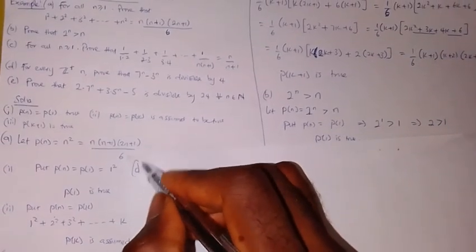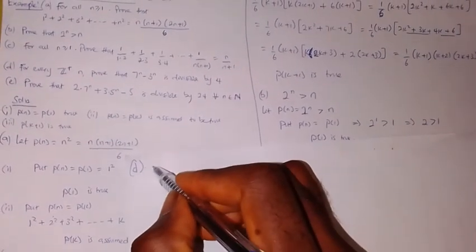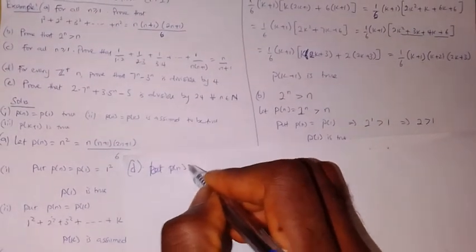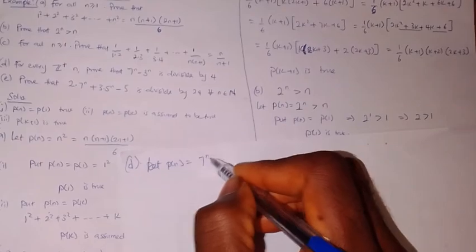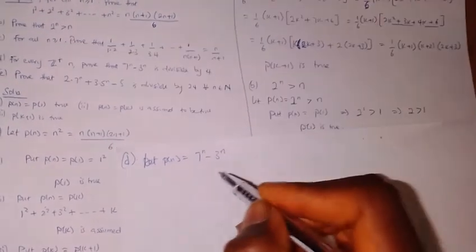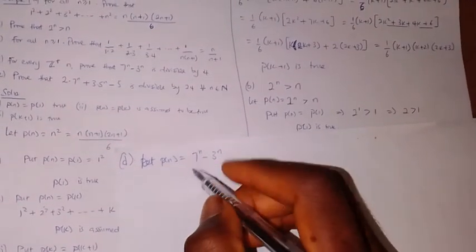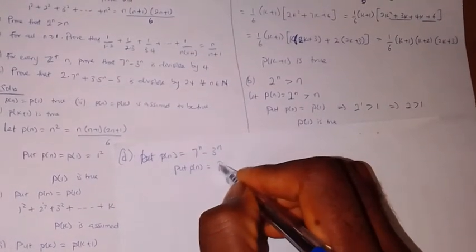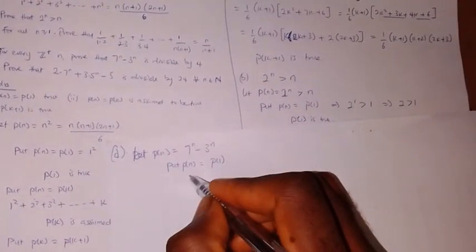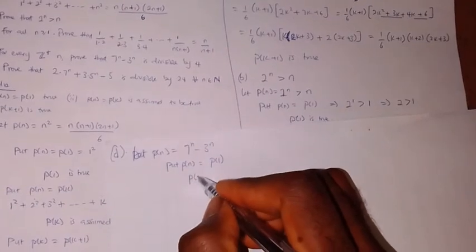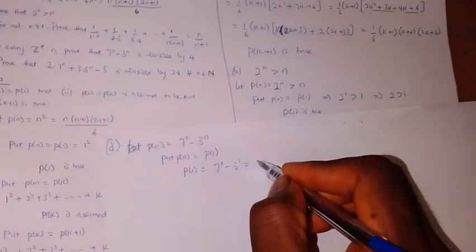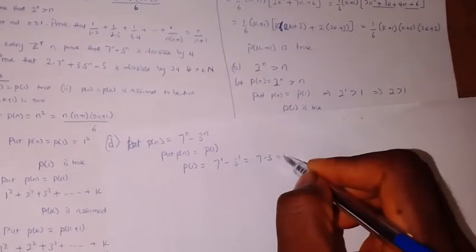This is the question. First, let P of n be equals to 7 raised power n minus 3 raised power n. Put P of n to be equals to P of 1, where P of 1 is equals to 7 raised power 1 minus 3 raised power 1, which is 7 minus 3, which gives us 4.